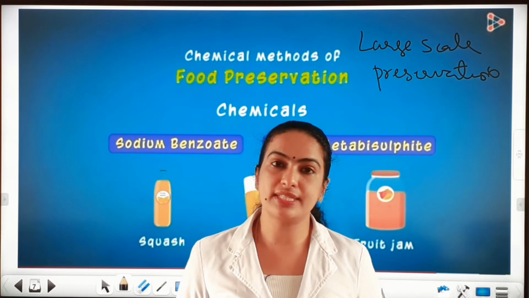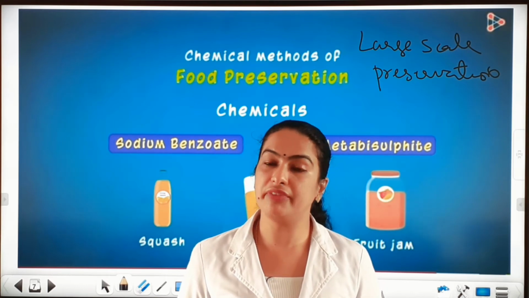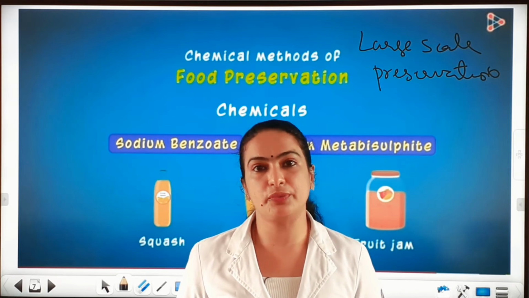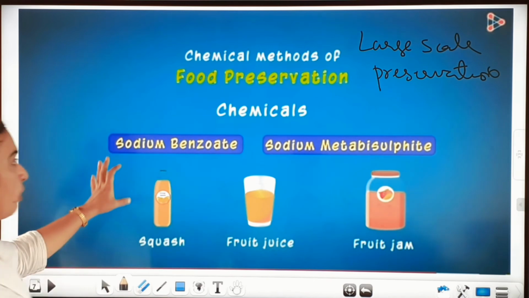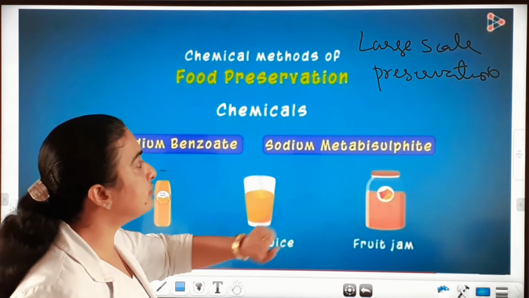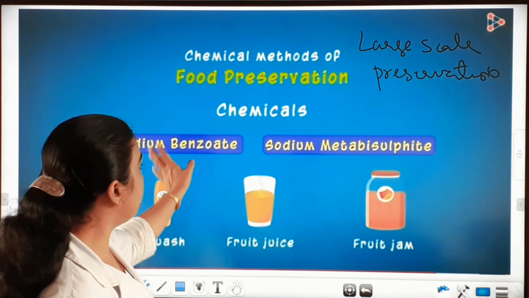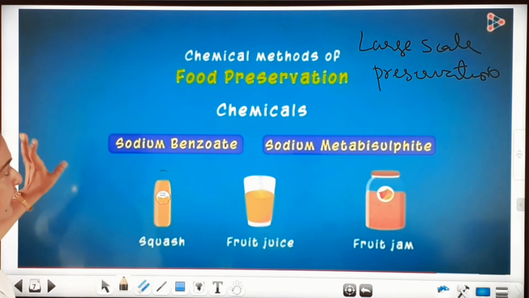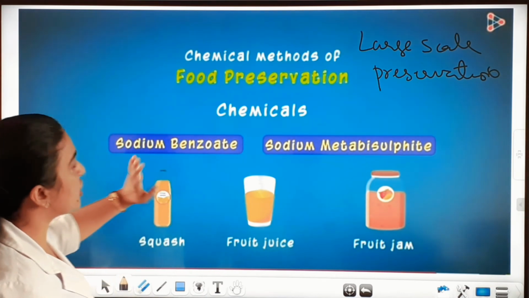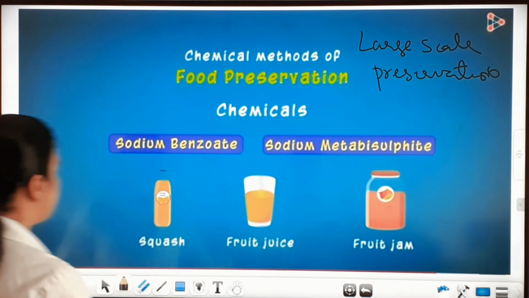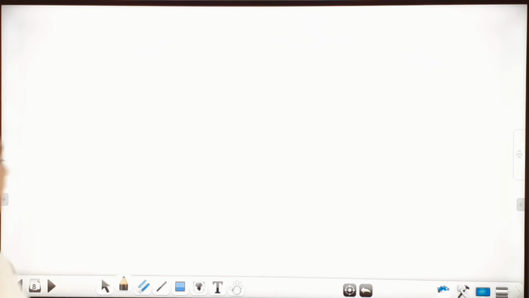But for large scale preservation, the chemicals such as sodium benzoate and sodium metabisulfate are used. It is very important. And now we can see one by one.